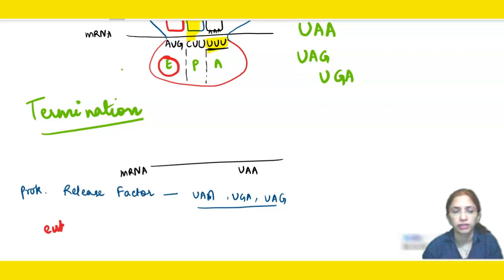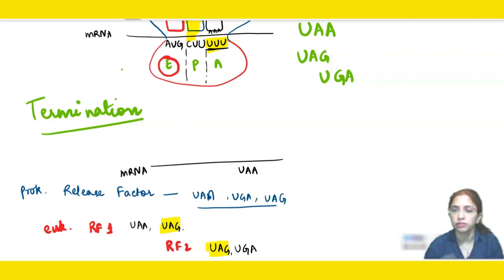Remember, if you are writing for the eukaryotic termination process, the release factors will be release factor 1 and release factor 2. Release factor 1 is for UAA and UAG. And release factor 2 is for UAG and UGA. See here, UAG is here also.